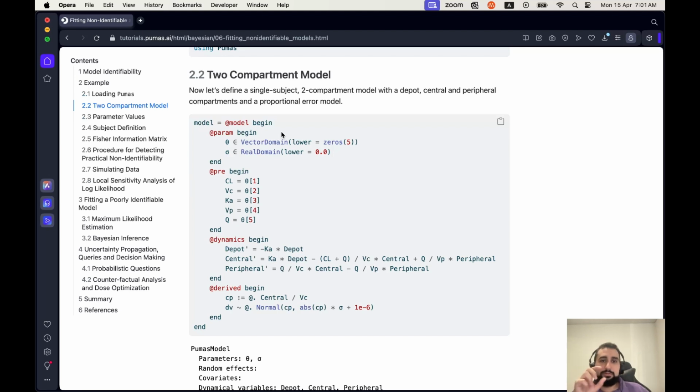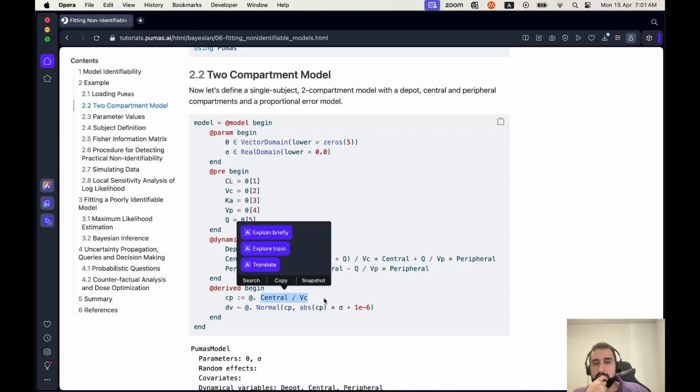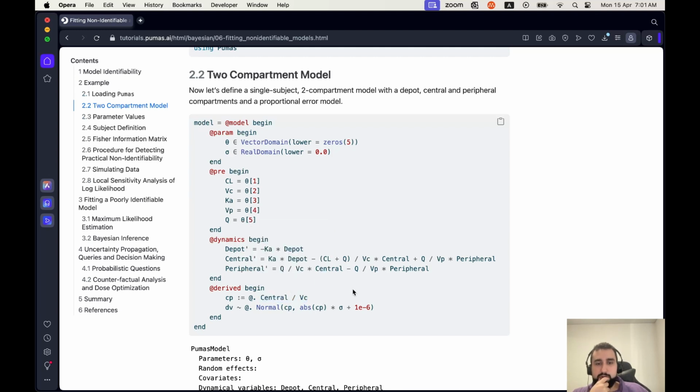But this is still very relevant even when discussing hierarchical models, for a reason I'm going to mention in a second. Basically, this is a 2-compartment model with a depot where the drug goes in as a bolus dose, and then a central compartment and a peripheral compartment. And we only observe central divided by VC. So we observe the concentration.